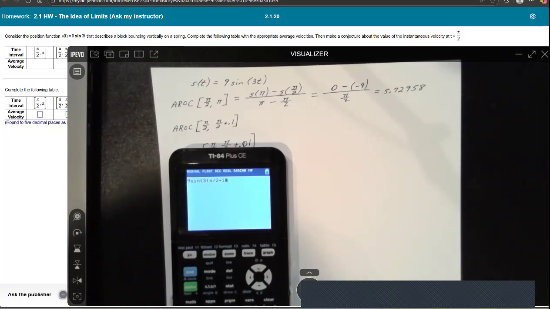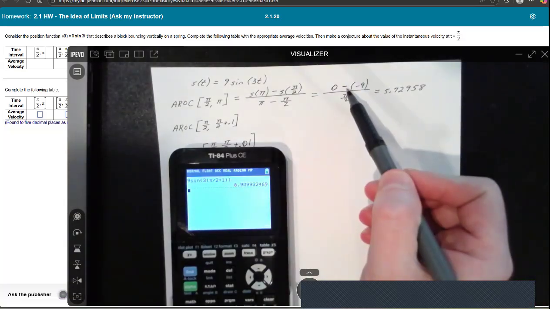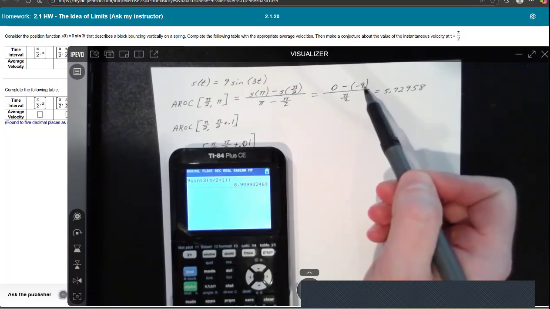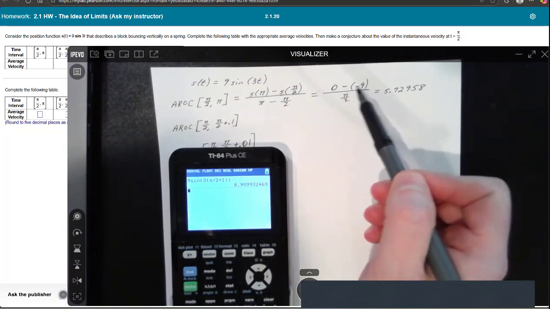All of that's being multiplied by 3, and all of it's inside of the sine function. This should give me the first term in the numerator of this fraction, and it does. Now, there's no need to worry about the second term again. It's always the displacement at pi over 2, so it's always going to be minus a negative 9.